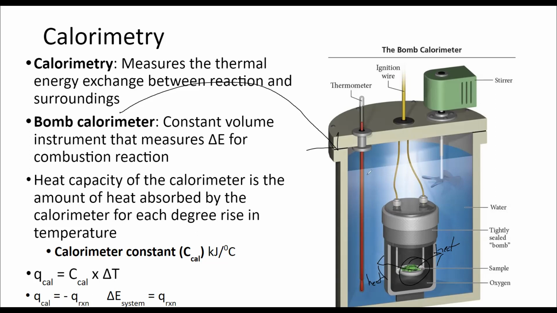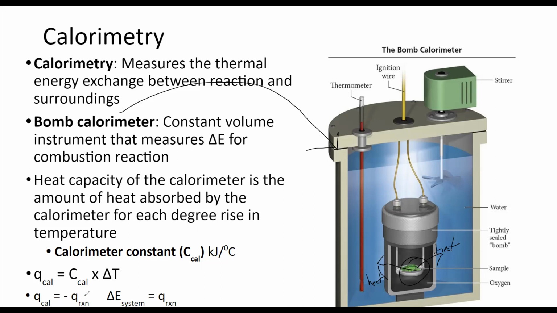And we have a thermometer in here, so we can tell how much the thermometer raised by, which is directly proportional to how much heat was released, which is directly proportional to how much energy our substance has when we blew it up. And we have all the tools to do that already, all right?